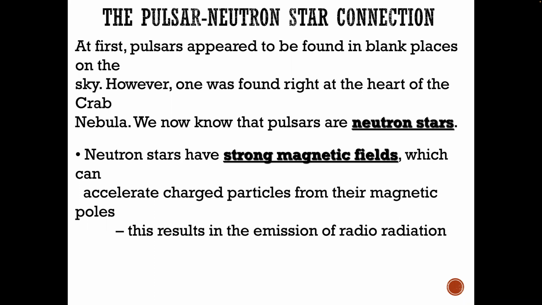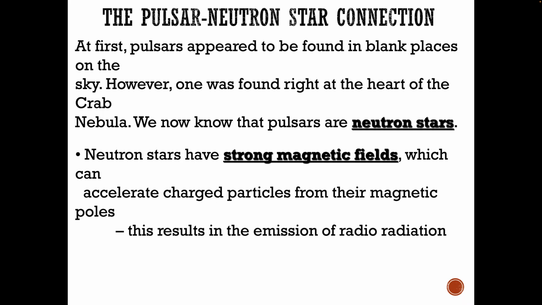So if that is a type 2 supernova explosion, then there should be a neutron star in that particular position, right? Because a neutron star is what remains after this type 2 supernova explosion. Because of that, you can think that if you have a pulsar from the Crab Nebula, then this pulsar may be connected with the neutron star located at that position, right?